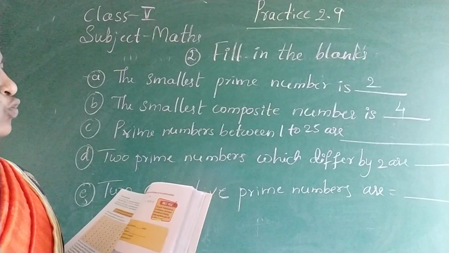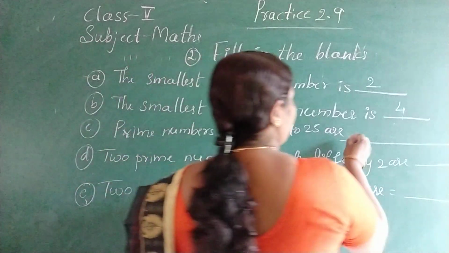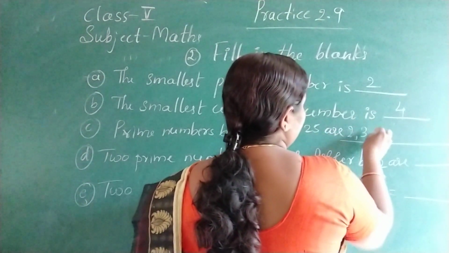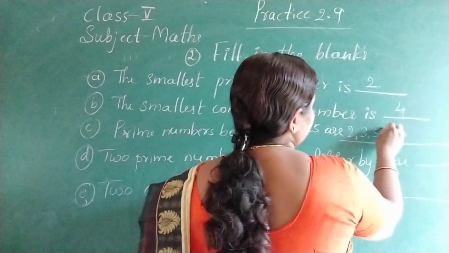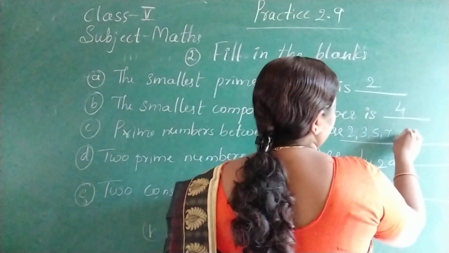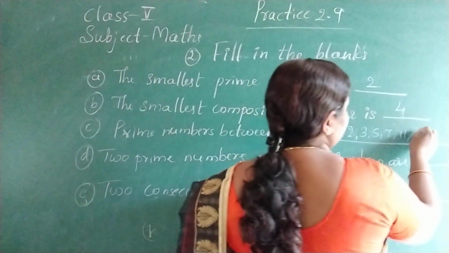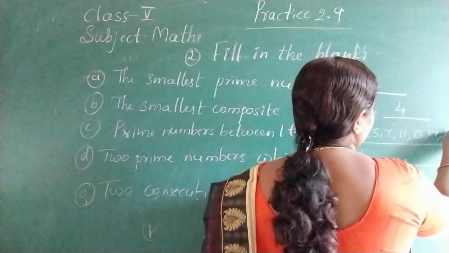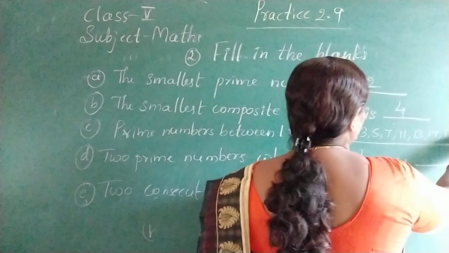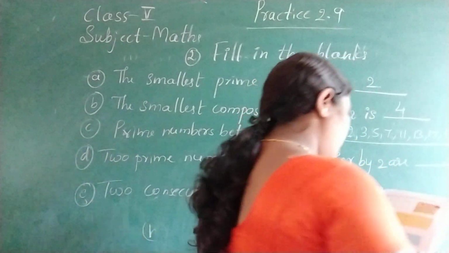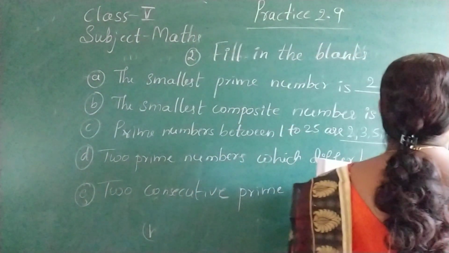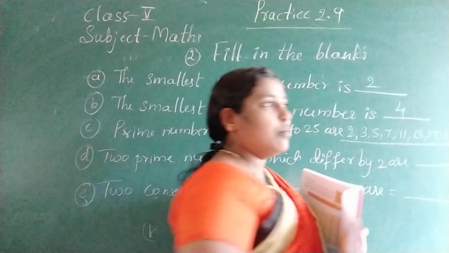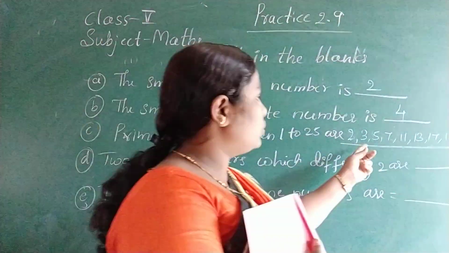Prime numbers between 1 to 25 are. So list out 1, 2, 3, 5, 7, 11, 13, 17, 19, 23. 1, 2, 3, 4, 5, 6, 7, 8, 9. 9 numbers are in between.